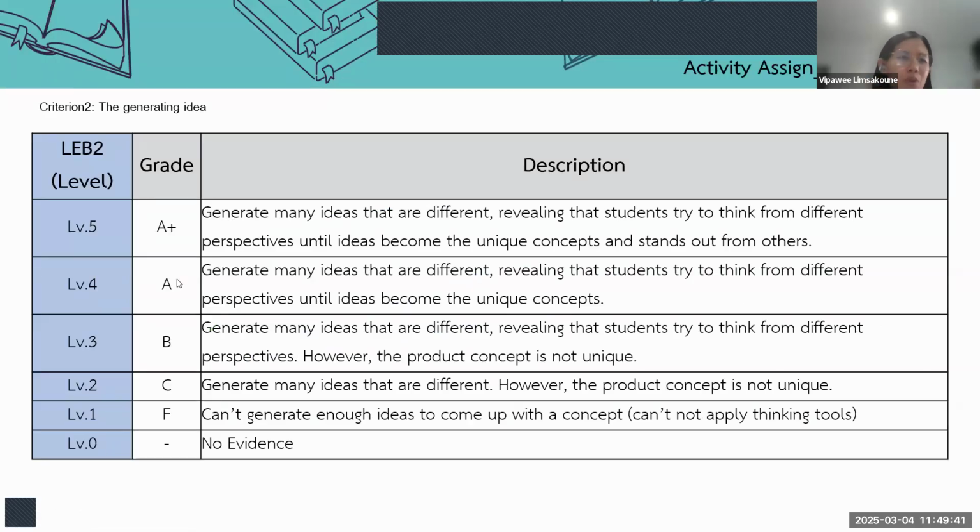For how I assess it, I will assess based on the generating idea, whether you get many ideas that are different, and revealing that you try to think from different perspectives until the idea becomes a unique concept and stands out. Okay, so that's one of the criteria here.